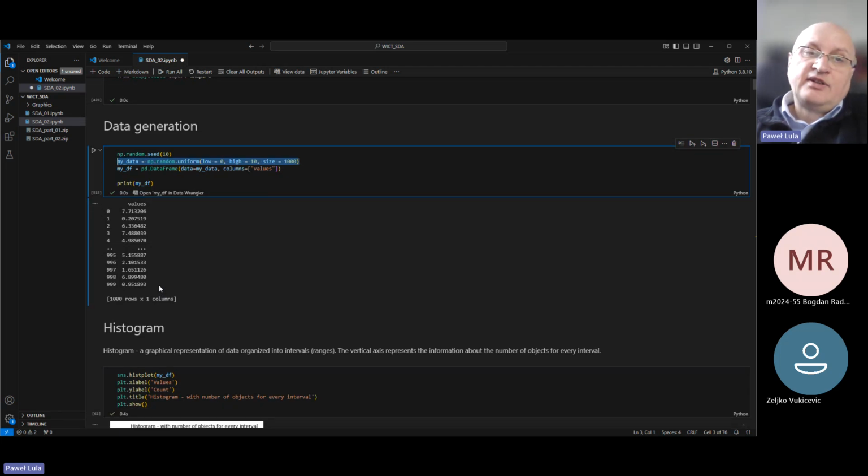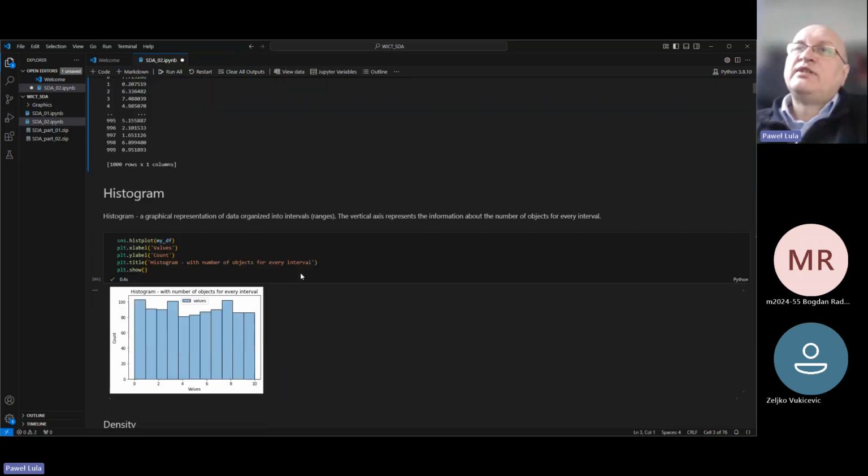So first, I would like to show you some other methods which we can use for describing random variables using this data which were generated here. We will treat this data as a random variable, and now we are thinking about different ways of describing these values.